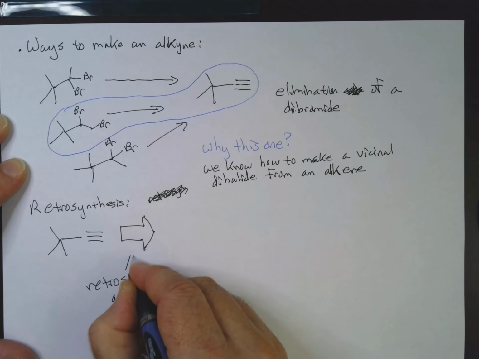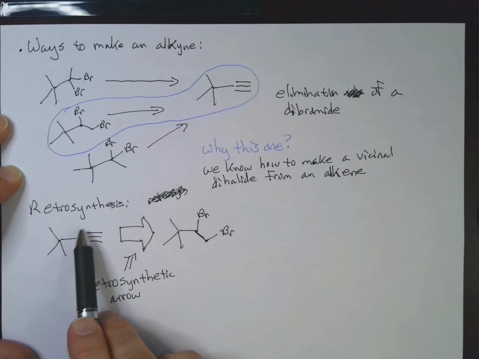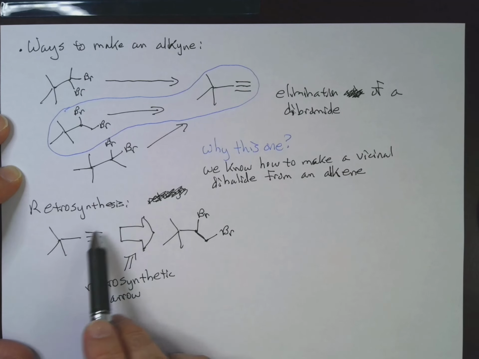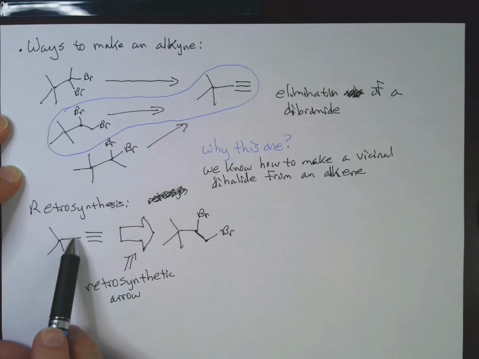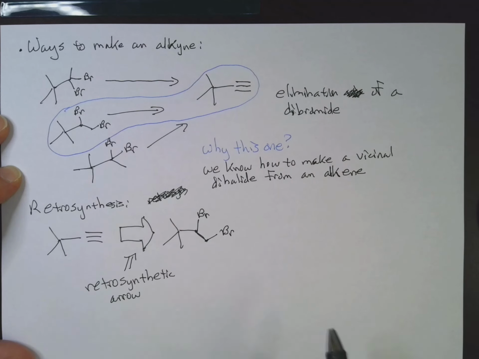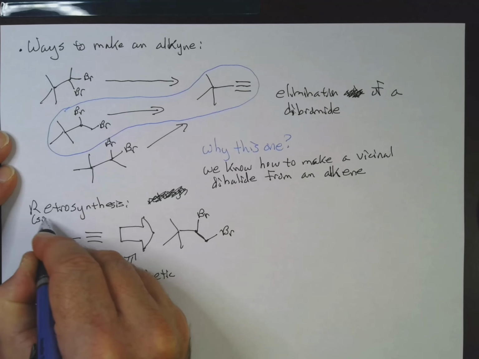A retrosynthetic arrow. And I'm thinking, this guy is going to come from this guy. Now, I'm not writing down what reactants or reagents I would use. But remember, when I do the reaction, I'm trying to go from here to here. So I'm thinking of what starting material gives me that. And so this is what I came up with.